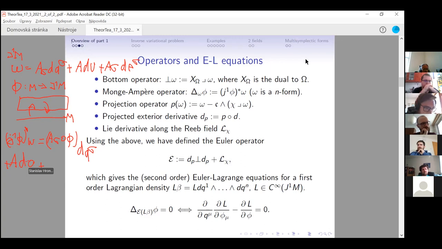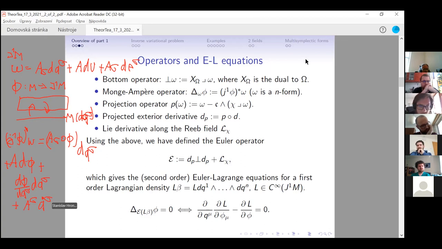But does the phi make sense? Sure, phi is a nice function. d phi is d phi, because the only one-forms you have on M are dq sigma, so you want everything in dq sigma. And here you would just have a sigma.